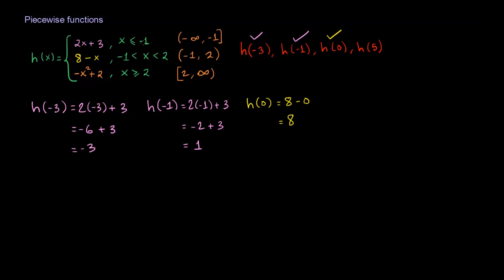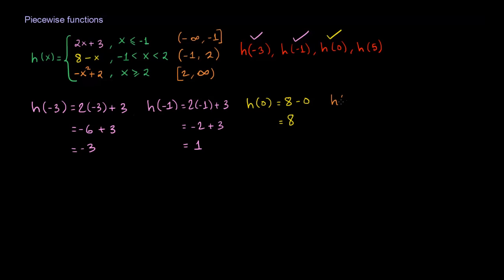And now let's go for the last one, which is h of 5. This one falls into this interval, because 5 is greater than or equal to 2. So we have to use this piece of h.